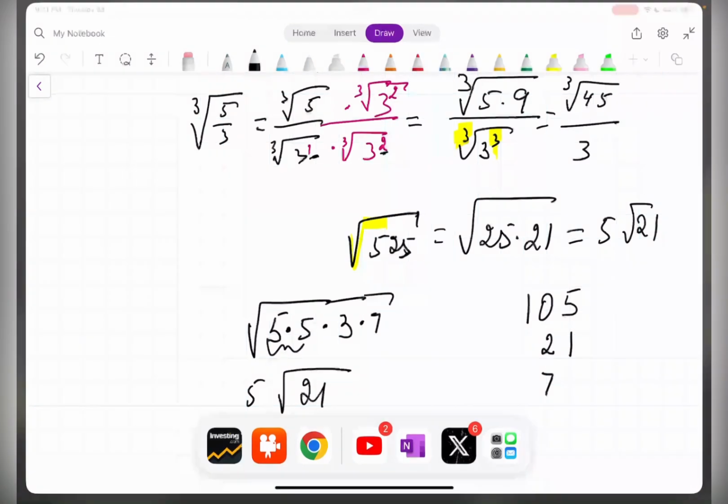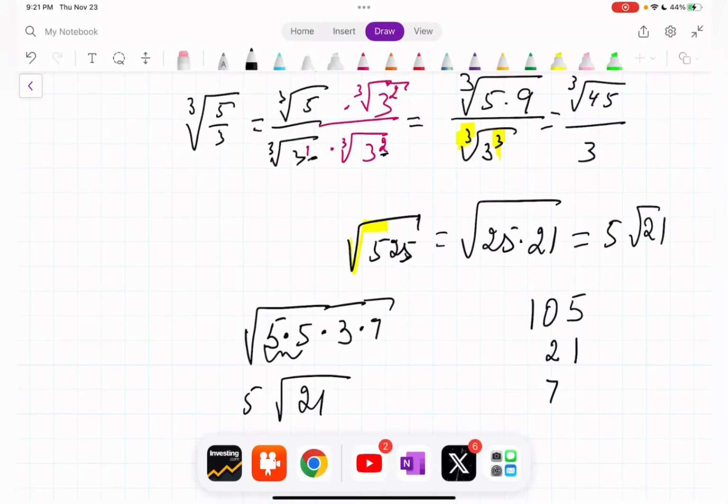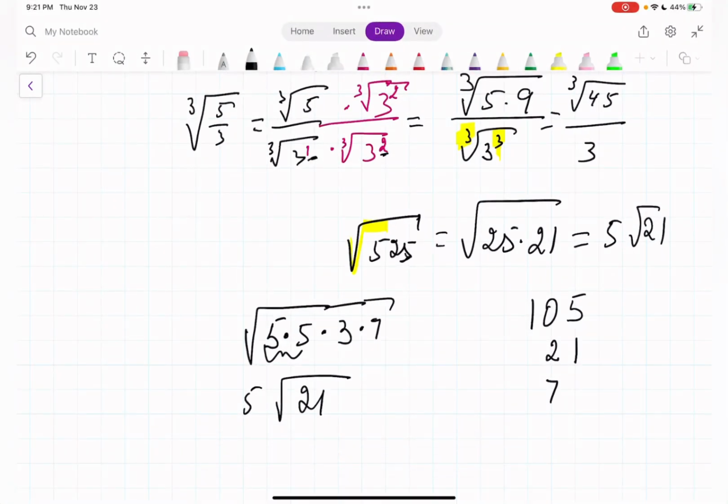Now we had at the bottom 175. Since it ends with 5, we can divide by 5 also, right? 17 by 5 is 3 times, remainder is 2, 25 by 5 is 5.